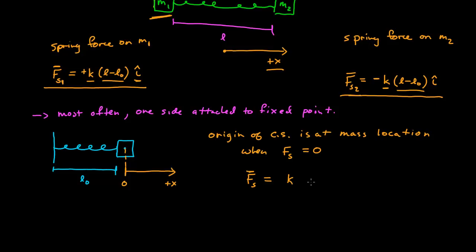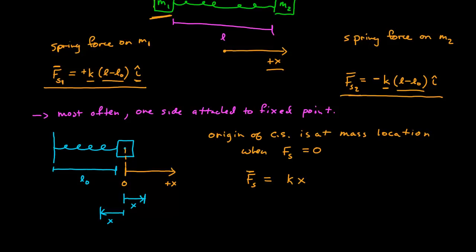Well, that amount is now simply x, because if the mass moves to, say, a distance x, that means the spring is now stretched an amount x. If the system is compressed an amount x, that means the spring is compressed, the length is changed from its equilibrium length an amount x.